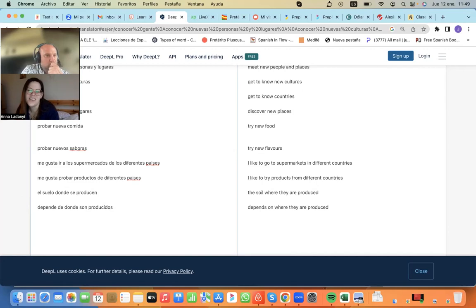Son, sí, el avión. Ok, el avión, ¿qué más? I don't know, time difference, I guess. Yeah, la diferencia horaria, we say. Diferencia horaria. You see, the time difference.